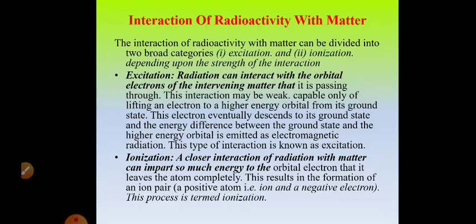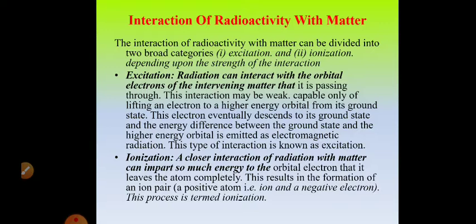Now, what is the interaction of radioactivity with matter? Whenever matter comes across a radioactive isotope or a radiation, what will happen? The interaction of radioactivity with matter can be divided into two broad categories: excitation and ionization, depending upon the strength of interaction.